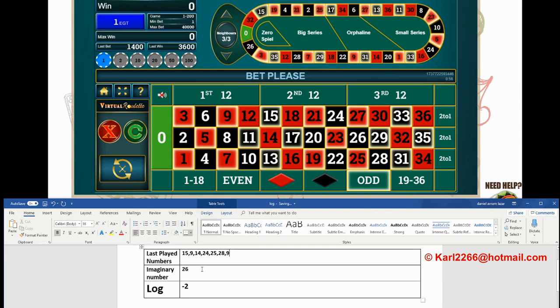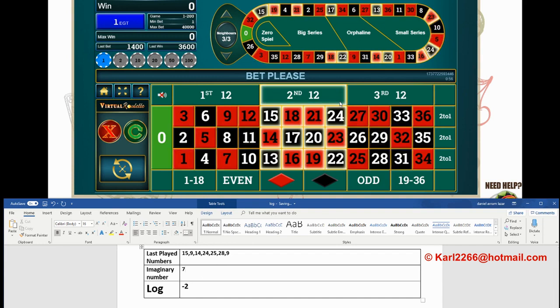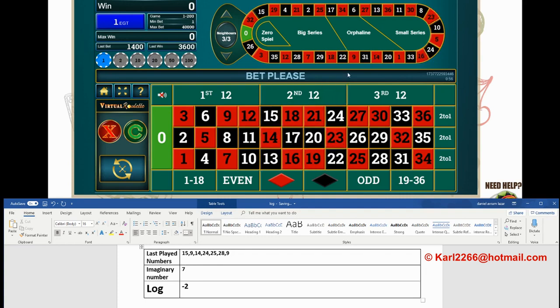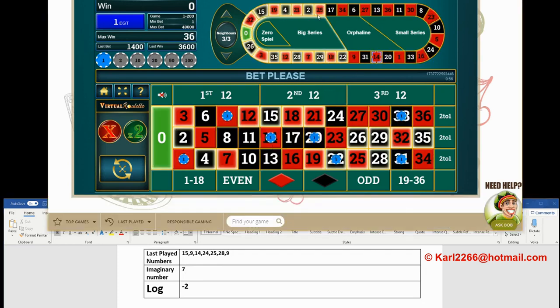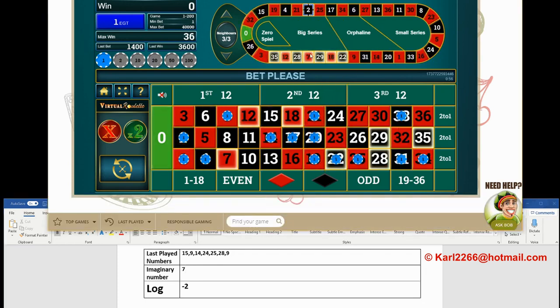Now with number 9 we know what we have to do. Logarithm is minus 2, so a new imaginary number is number 7. With 7 we place bets on terminals from 7 which are 14 and 2, and also on 7 and the neighbors.